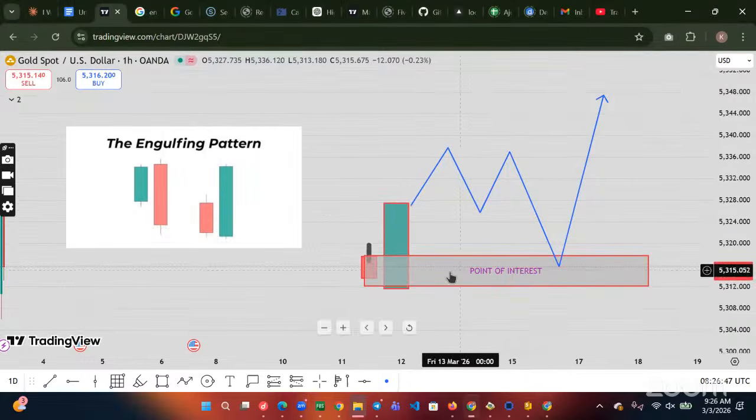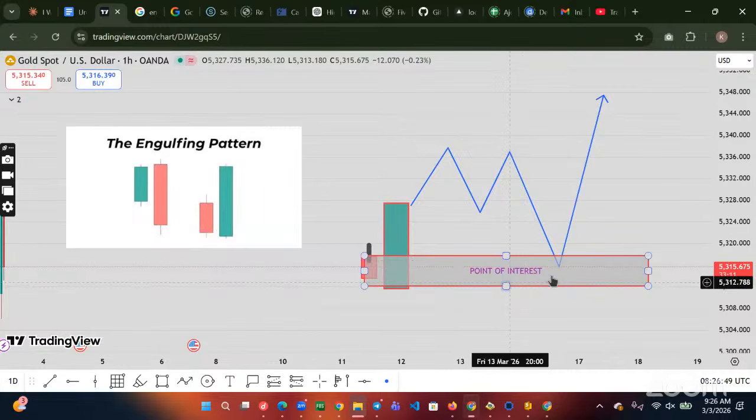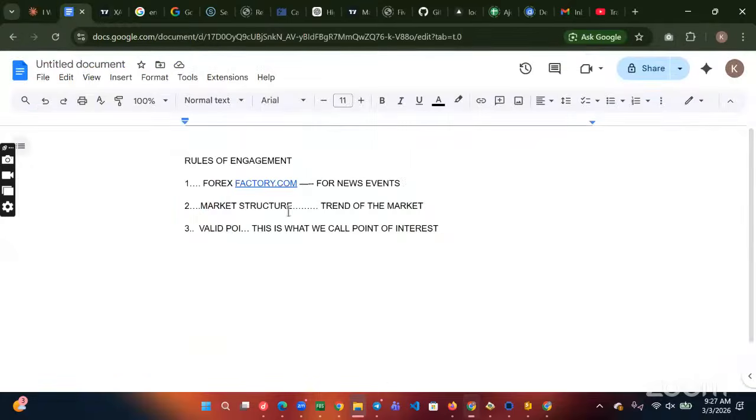So you have this as the point of interest, and it is expected that we look at these pending orders. But here's the thing: point of interest is just an idea. It is not where I might be taking the trade. So let's go back to our blueprint. Forex factory, market structure.